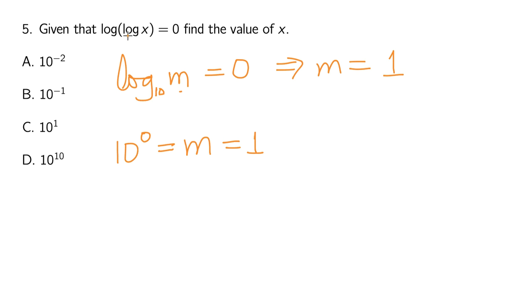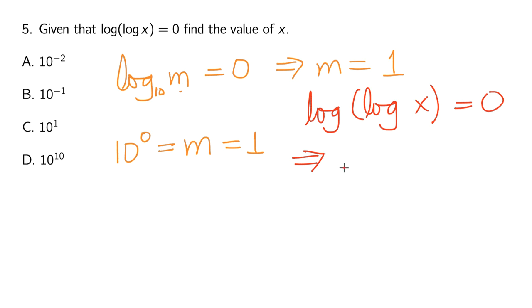So that's the idea we're going to use here. If log of log x equals 0, then this implies that log x is equal to 1.